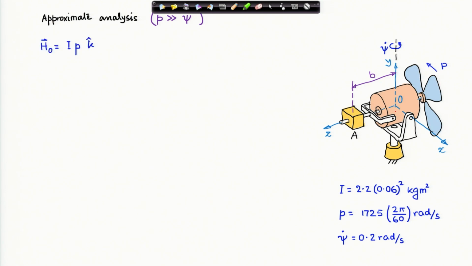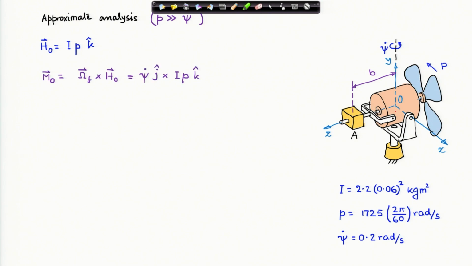Therefore, the simplified expression of the angular momentum about point O is the moment of inertia about the axis of symmetry times the spin angular velocity, in the direction of k cap. The whole angular momentum, remember, is now in the direction of k cap. This is consistent with the direction of rotation p.